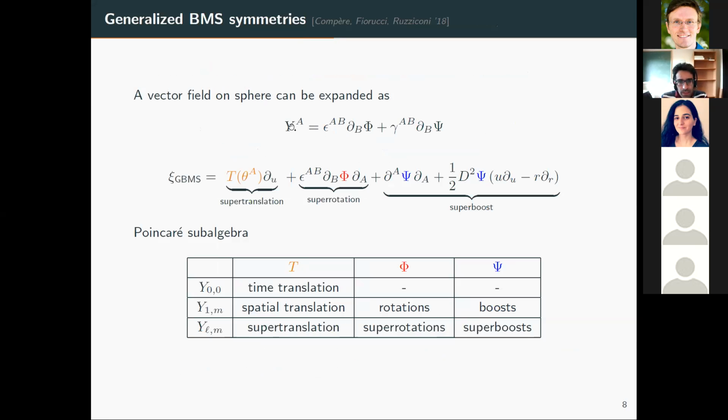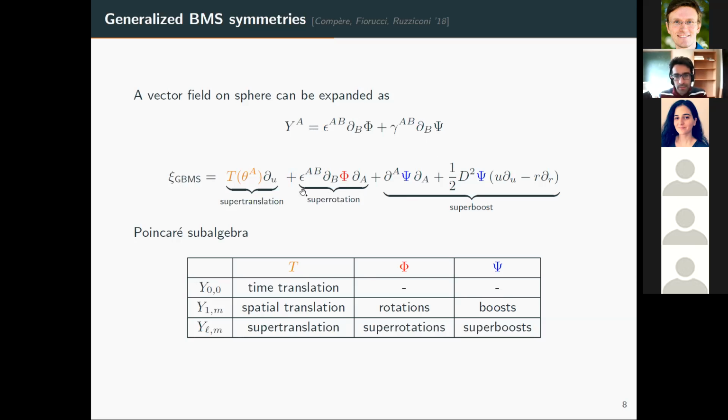Furthermore, you can expand this vector y, the generator of super Lorentz, in terms of two scalars on the sphere using the inverse Levi-Civita and the metric. And then you expand this in your BMS generator.